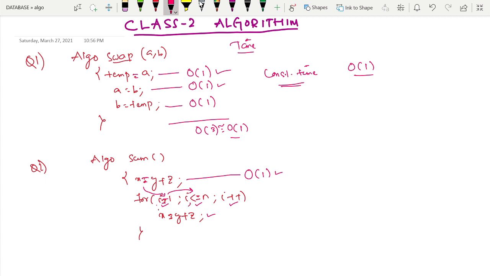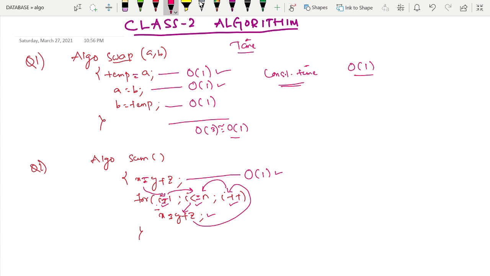If the condition is true, then it goes here, and after executing this statement it comes back to the updation part, right? After the updation part it goes back again to the condition checking part, and if the condition is true, then again the loop statements execute, and this process goes on.